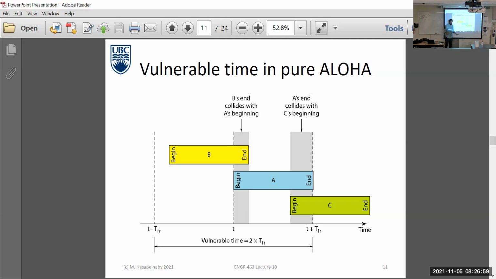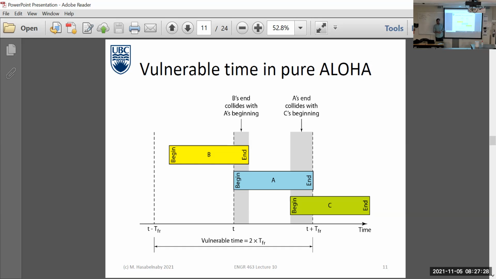So at first, we don't want anyone to transmit during the frame transmission time, from T to T plus TF. Let's assume the frame time is TF. During this period, we don't want anyone to transmit.